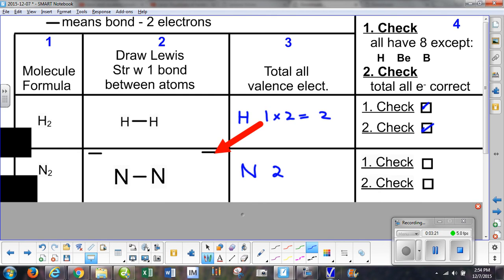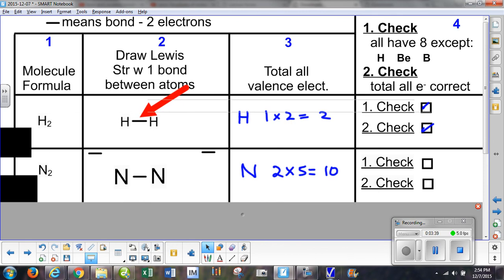So we have 2 nitrogens at 5 electrons each. That's valence electrons only. And that gives us a total of 10 electrons. So the next thing I do, if I haven't already got all the electrons I need by putting the bonds in like I did for hydrogen, now I'm going to look at this guy and say I have 2. How many more do I need to put in?